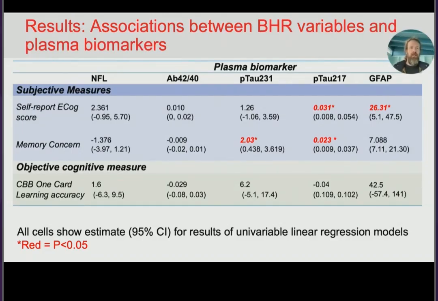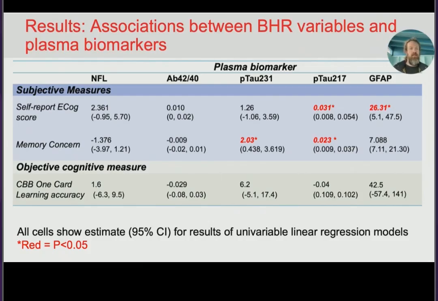Awesome. Okay, so here are some of our results of this analysis. This slide summarizes the results of the linear regression models associating different measures in the brain health registry, which you can see here on the left, and each of the plasma biomarkers across the top.